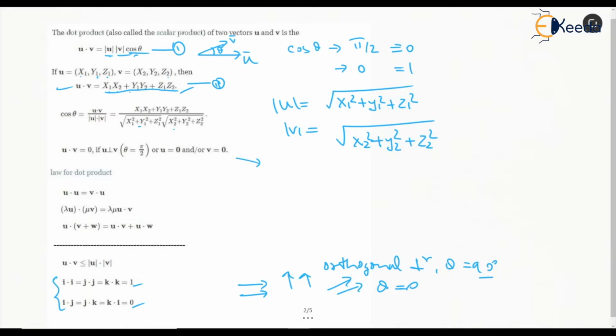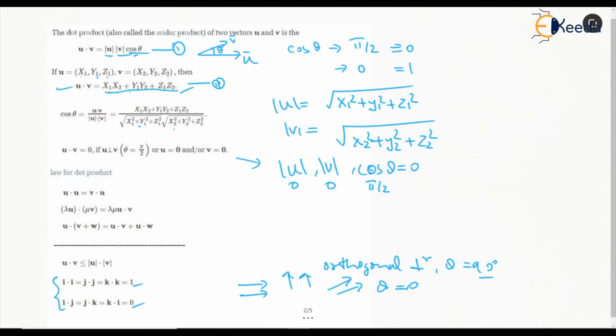Other than that, the dot product is going to be 0 when either the magnitude of u or v or the cos theta is going to be 0. And this is possible when the magnitude is 0, that is a 0 vector, or the angle is pi by 2 between the two vectors.